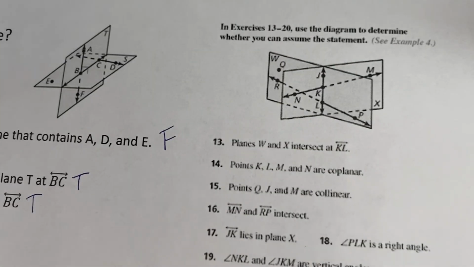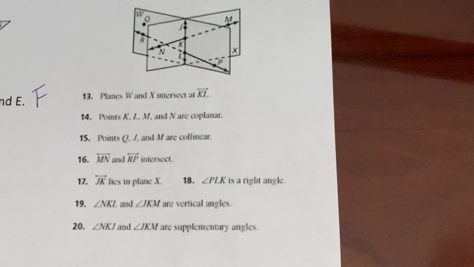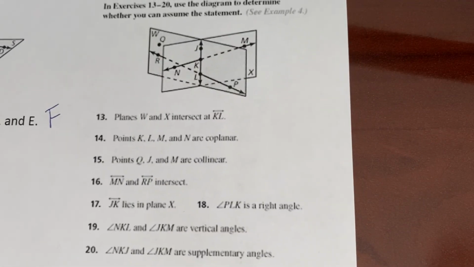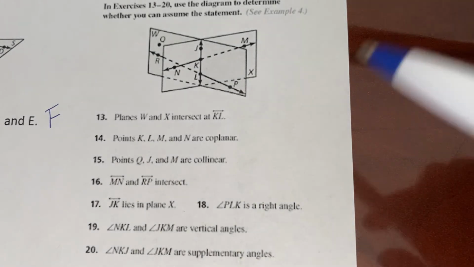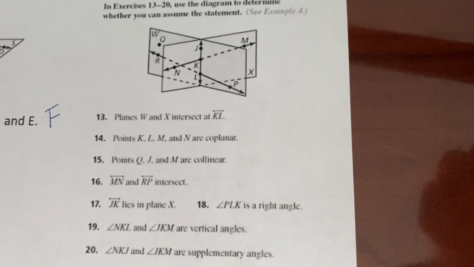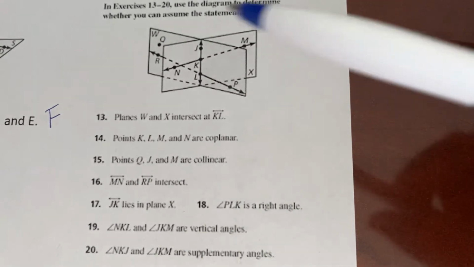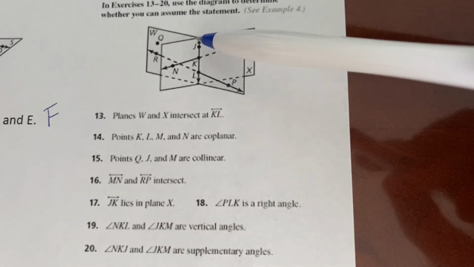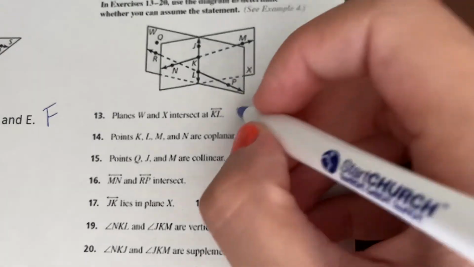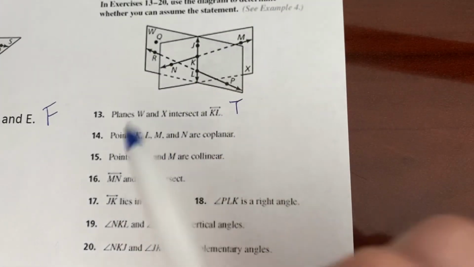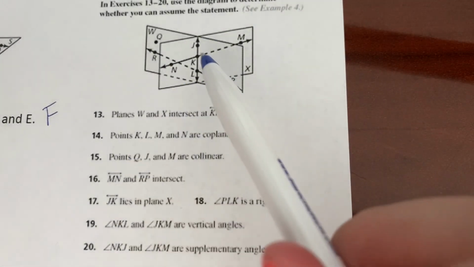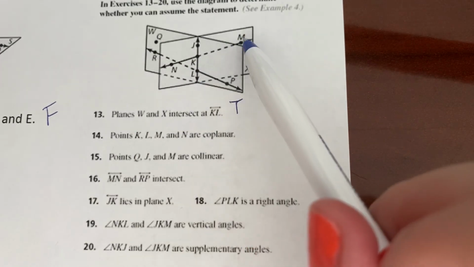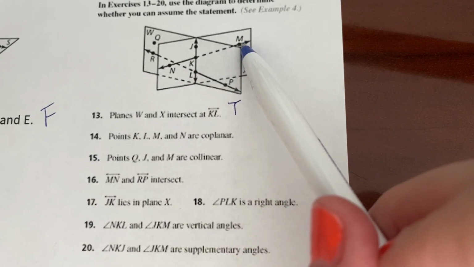All right, over here, we're gonna keep going. You guys try these. Pause the video and try these next 7, I think. Yeah, 7. All right, planes W and X intersect at KL. True. Points K, L, M are coplanar.